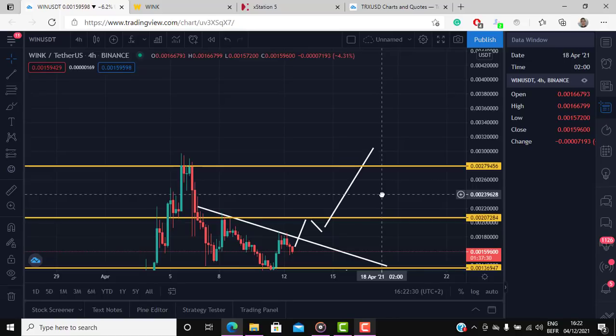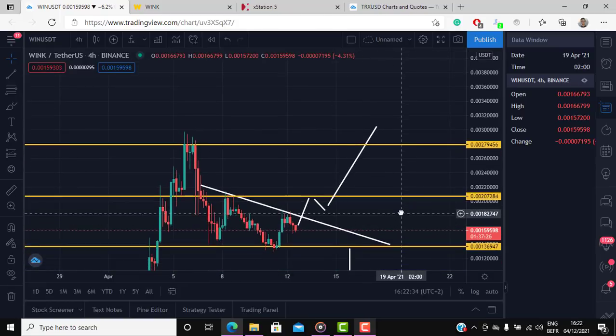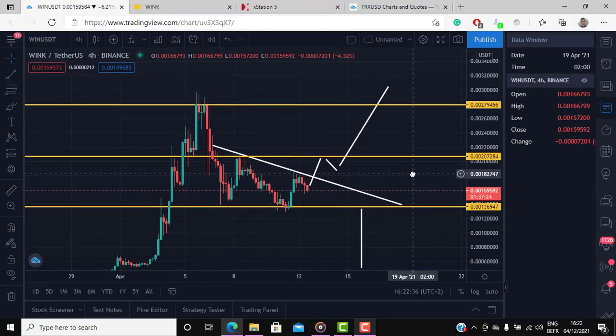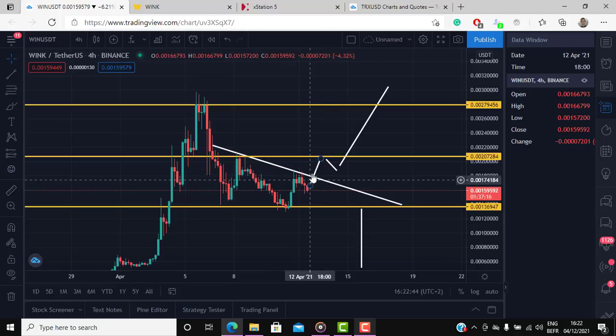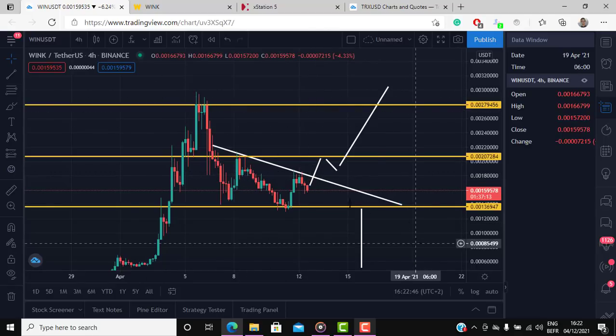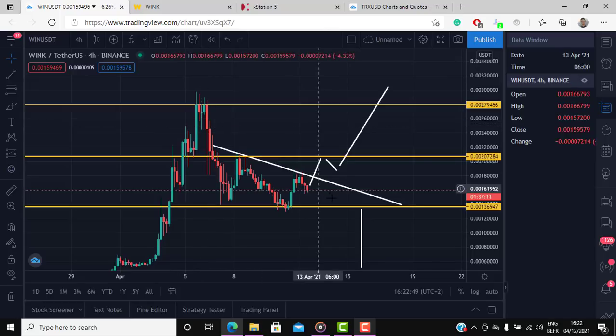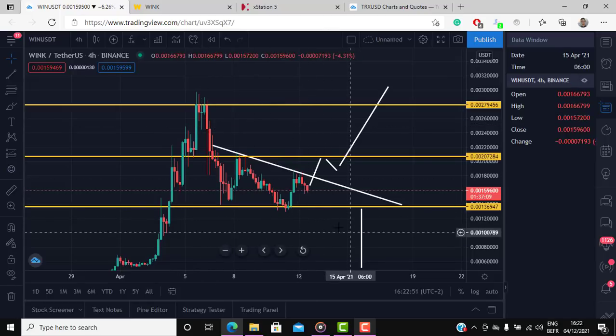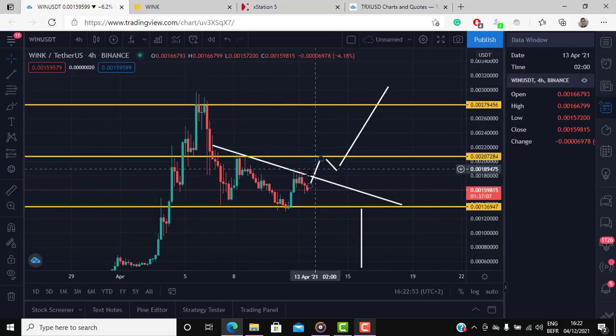Now keep in mind that right now we're completely neutral when it comes to Wink. We need a confirmation first. If you're an aggressive type of trader, you could go long when we fail to break this descending triangle from the downside and we break from the upside.